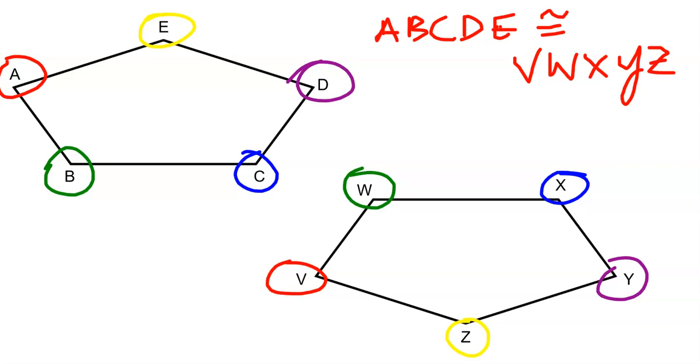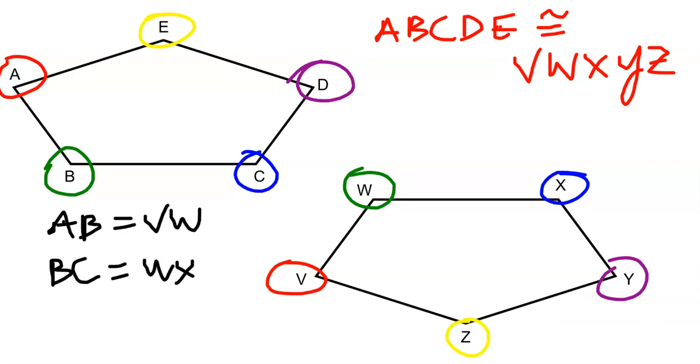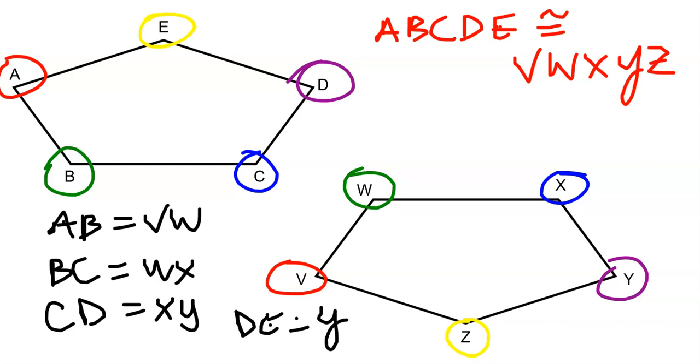Then we have a whole bunch of sides that are corresponding to each other. So between A and B, that corresponds to the side between V and W. BC corresponds to WX, CD corresponds to XY, DE corresponds to YZ, and EA corresponds to ZV.